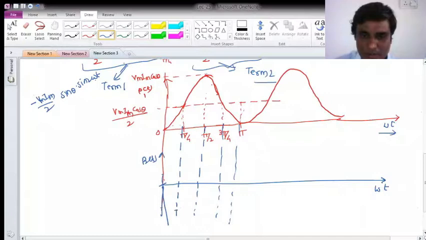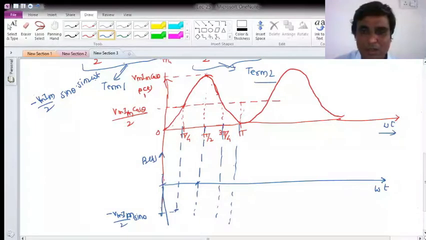At this point it will be maximum, as the negative sign is there, so it will be minus Vm Im by 2 sin theta. Again this will be 0 at omega t equal to pi by 2.